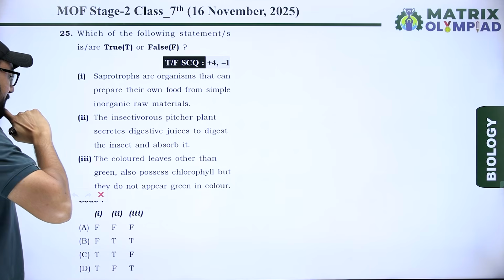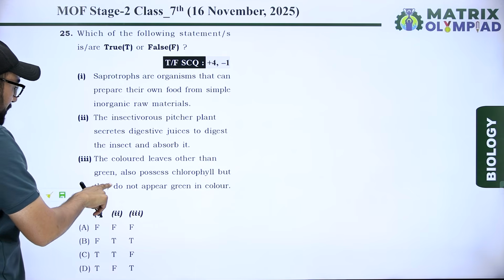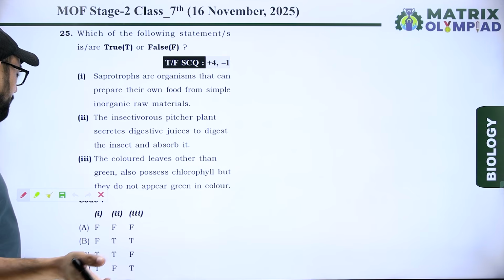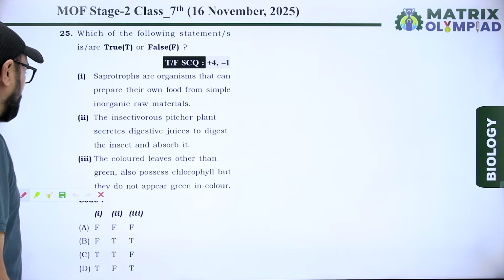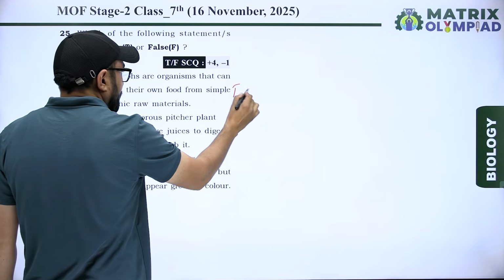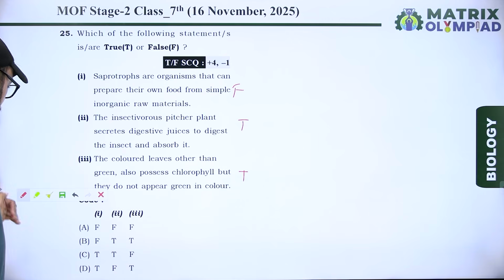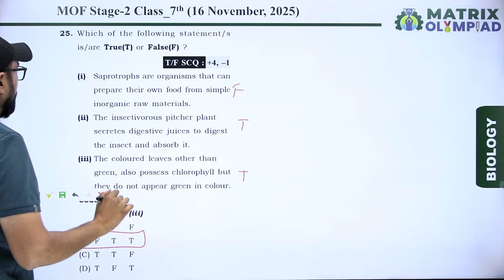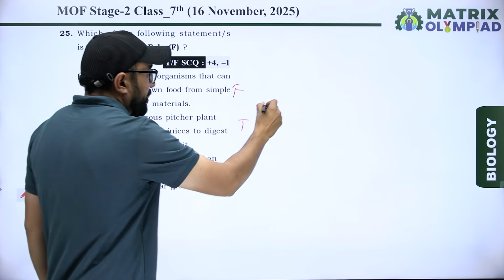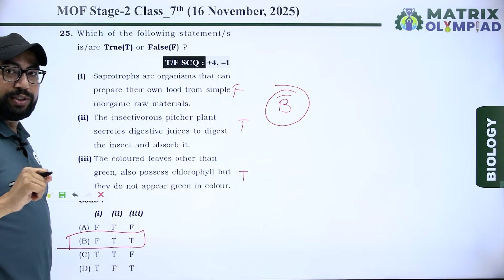That is right. And colored leaves other than green also possess chlorophyll, but they do not appear green in color. Right? False, true, and true. Option B is correct for the 25th question.